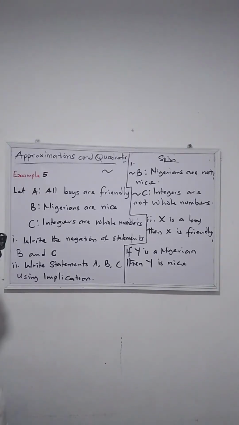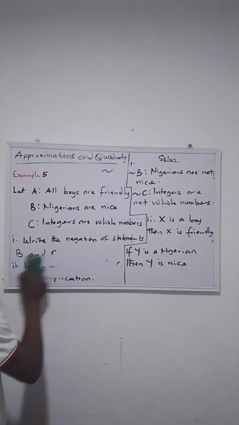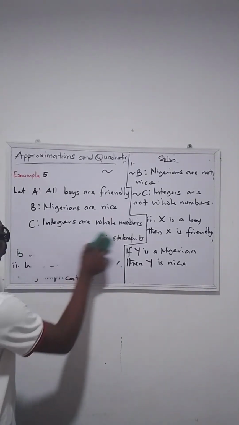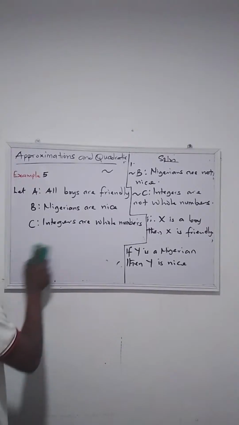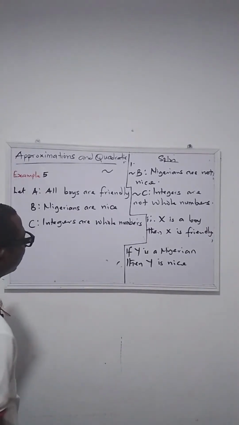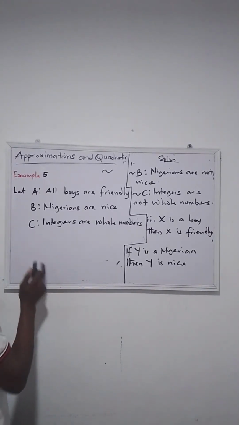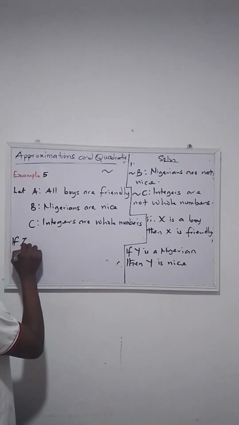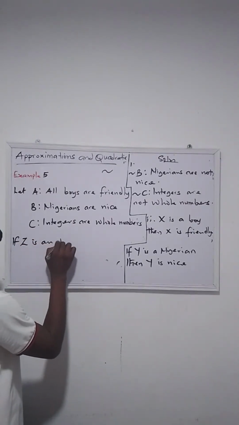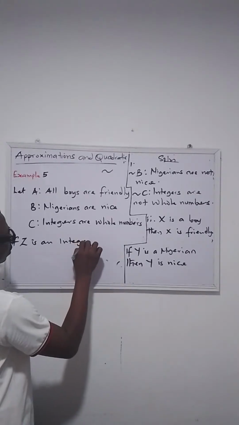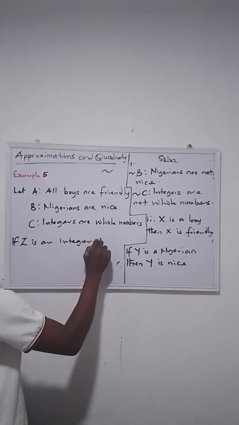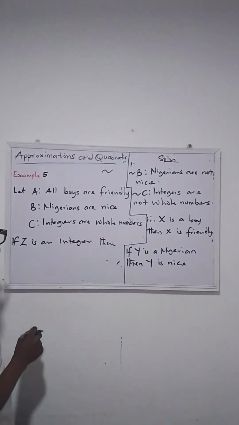Now can we look at the last one? The last one is just the same format. If Z is an integer, then what does it imply?